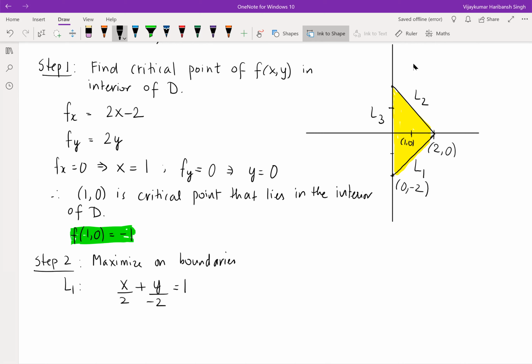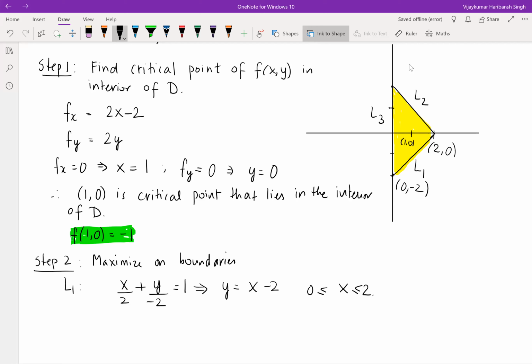And that would mean that we get y equals to x minus 2, and your x is between 0 and 2.